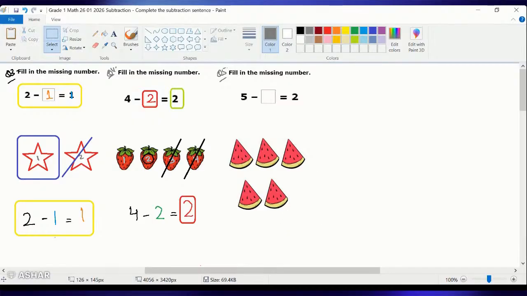Can we number them? Numbering 1, 2, 3, 4, and 5, right? That means out of these 5, some of the watermelons were eaten and we were left with 2. So how many of them were eaten? How many of them should we subtract if we want 2 as the remainder?